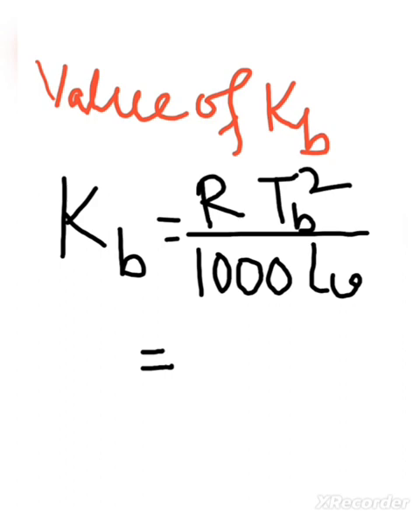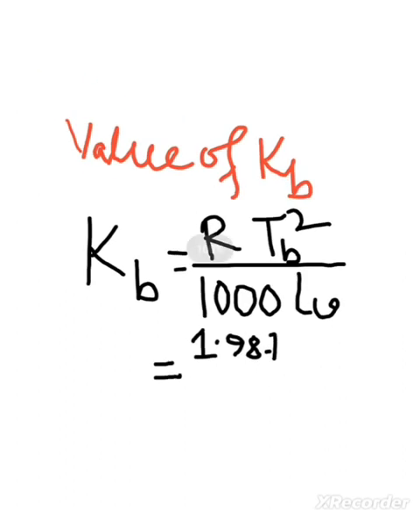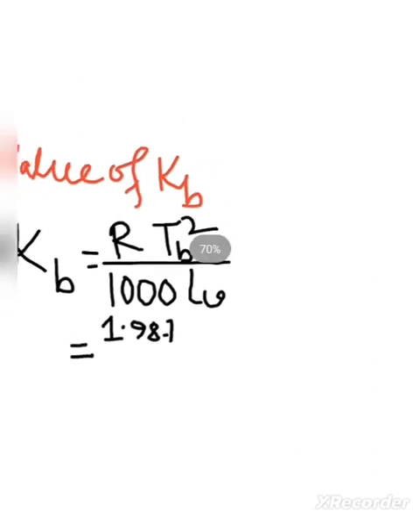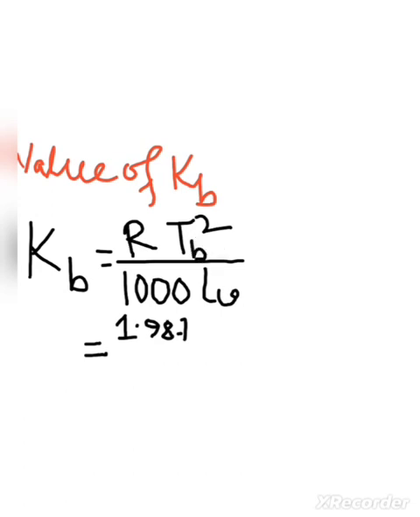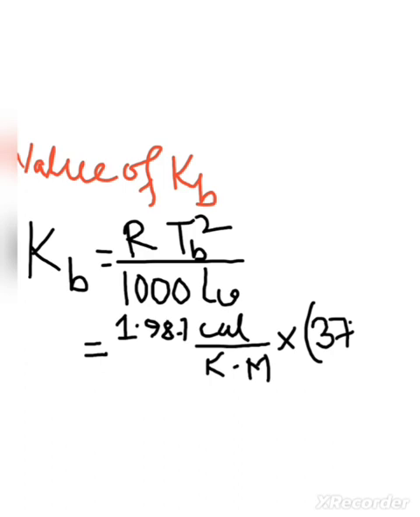What is its value in calorie unit? 1.987 calorie per Kelvin mole. The boiling temperature of water is 100 degrees centigrade, so that means 373 Kelvin.